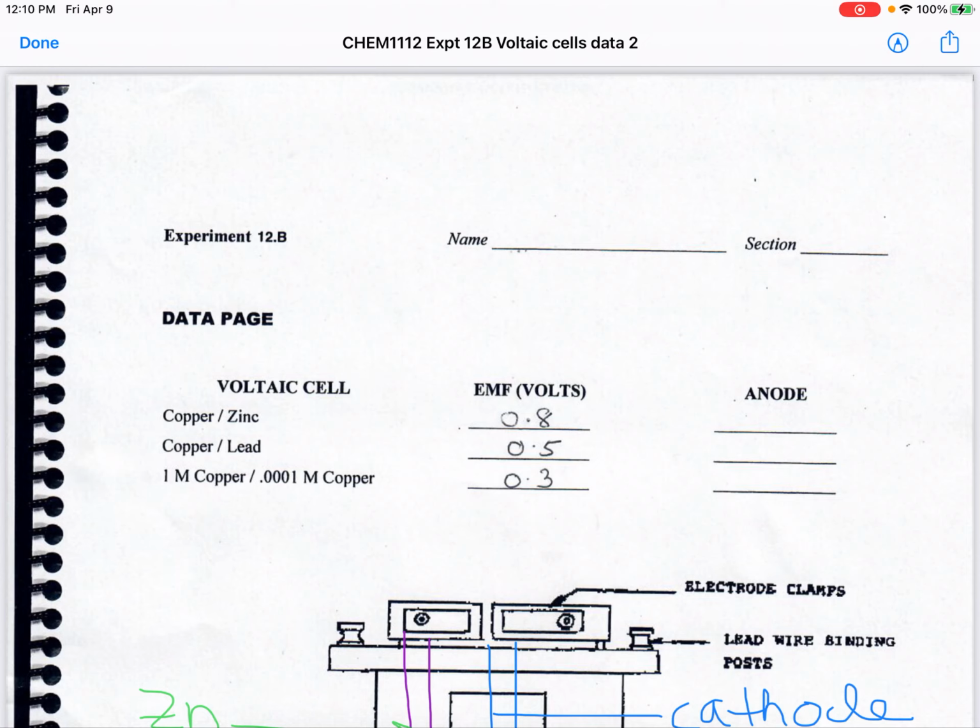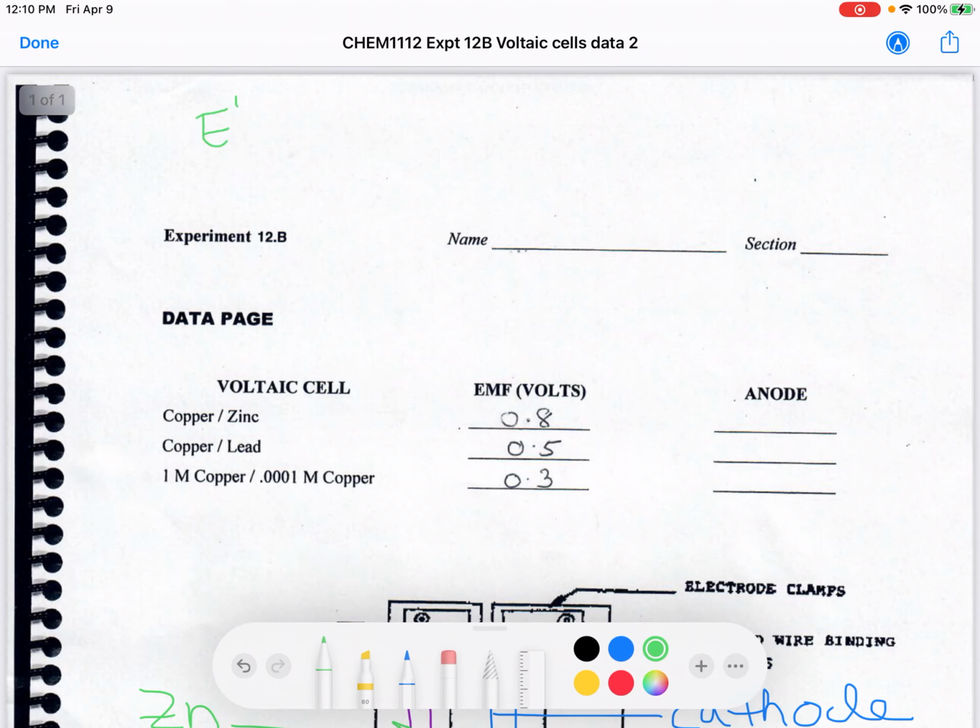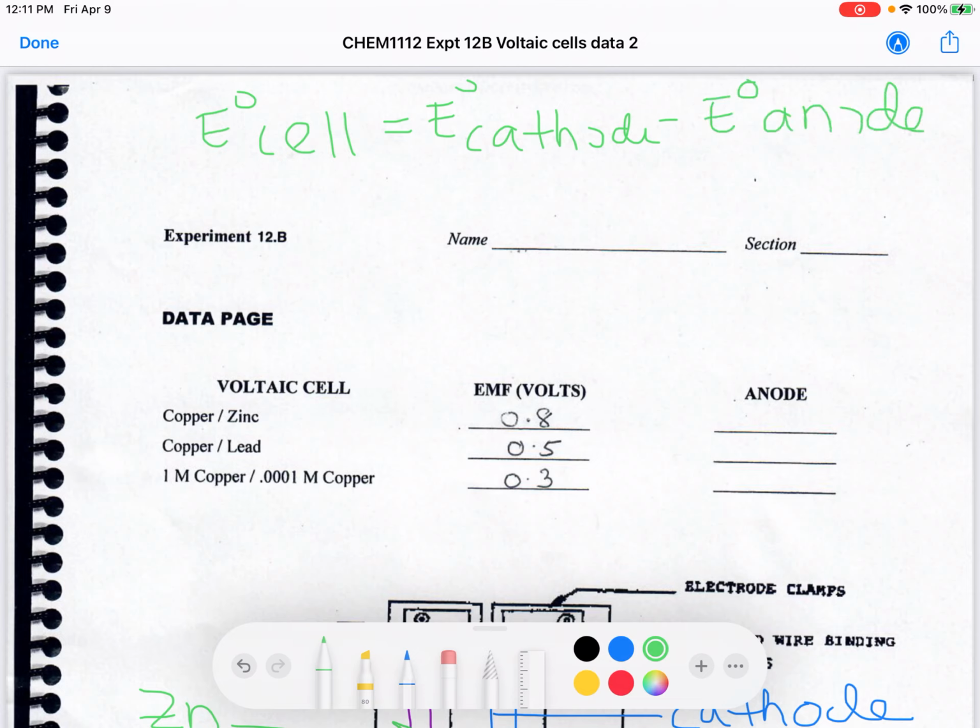Now how do you calculate the E naught value? Remember, you learned E naught cell equals E naught cathode minus E naught anode. And the first cell, which is going to be your zinc copper, zinc is going to be your anode, cathode is copper, and the value for the copper is 0.34, and then the value for the anode is negative 0.76.